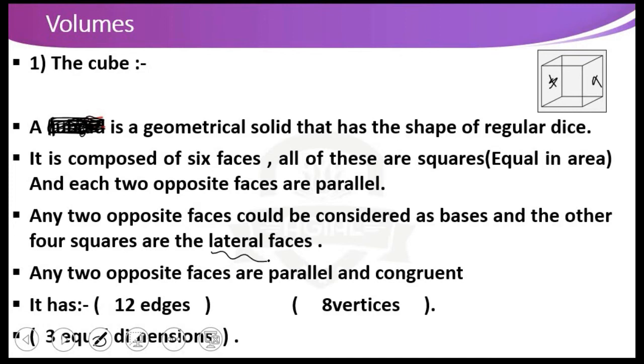Any 2 opposite faces are parallel and congruent. The cube also has 12 edges, 8 vertices, and 3 equal dimensions. So in a cube, the length equals the height equals the width.